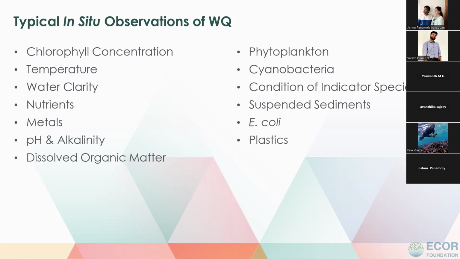The limitations are that it is very expensive, it requires a trained team, and you can only cover a small area. You may not be able to collect the data frequently either. Remote sensing complements all these limitations by expanding the coverage and giving us regular repeat monitoring.